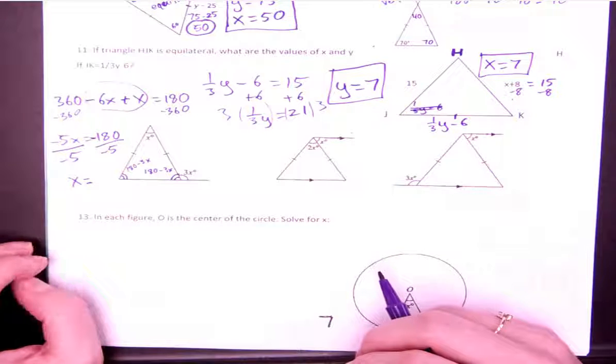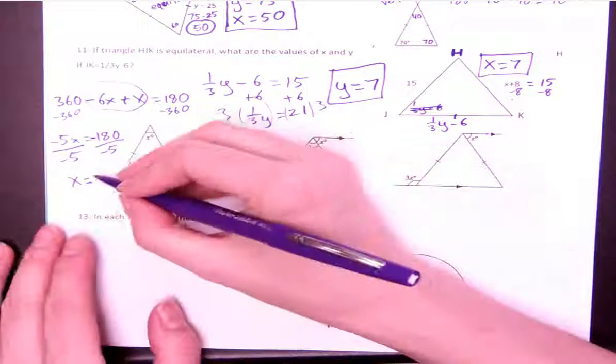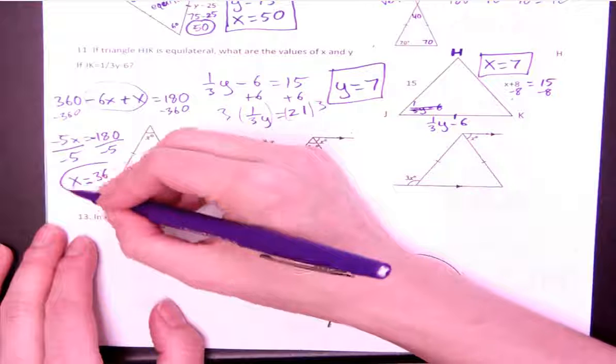That would be, calculator manager. Should we grab a calculator or should we, what is it? 33? No. 36? Yeah, 36. So x equals 36.